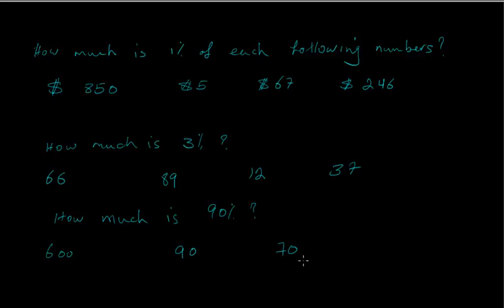Let me do the 70 so you could see how to calculate 90% of that. Let's say first I'm going to calculate 10%, which is 7, and then multiply that 7 by 9, which would be 63. So 90% of 70 is 63.